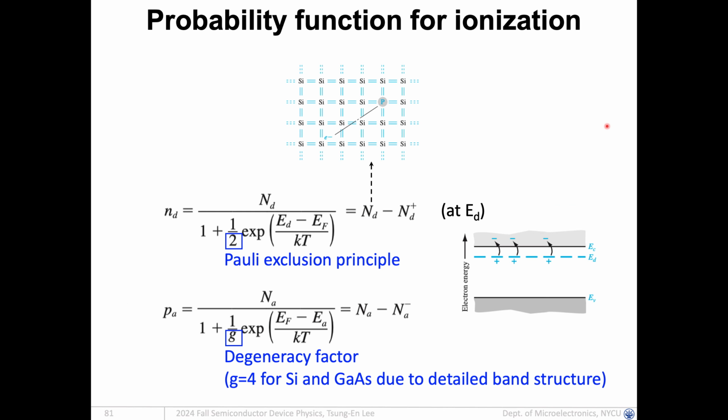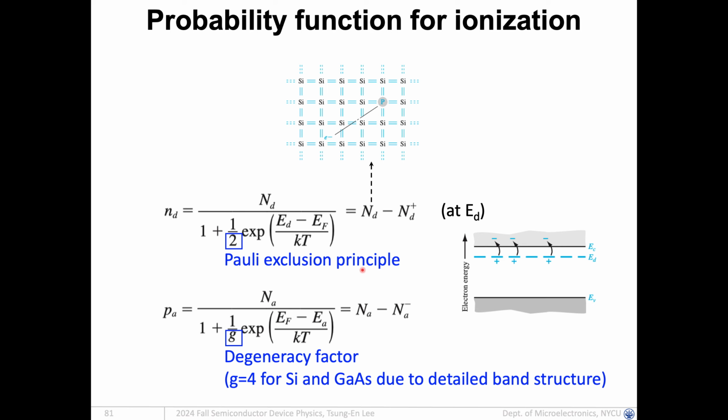The other concept: we just mentioned the binding energy and the probability that the fifth electron of the phosphorus can occupy the conduction band. Actually, it is also the probability function for ionization, and this probability is similar to the Fermi-Dirac distribution.